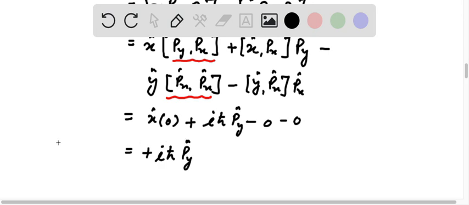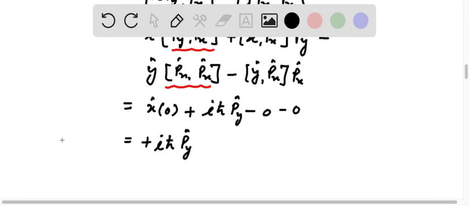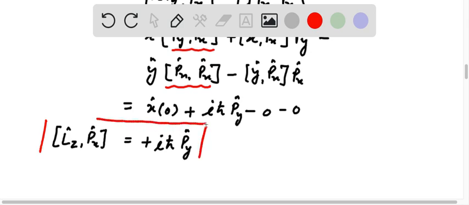That means Lz and px do not commute with each other, and this value is iħ py. Now, next part of this question, find out Lz with py.